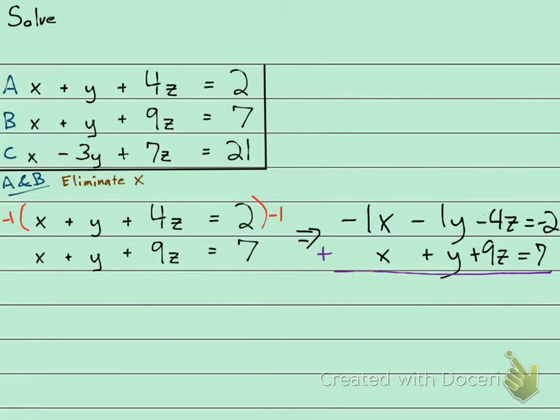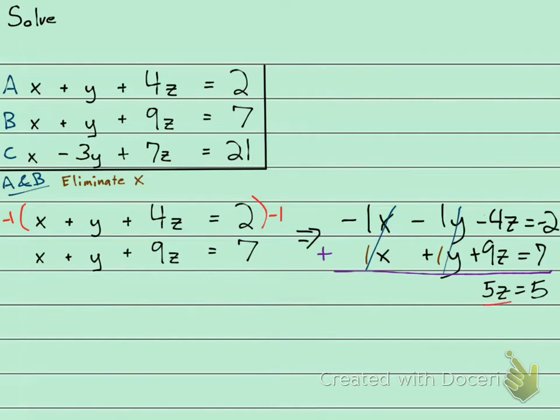So negative 1x plus 1x, those two cancel. Let's add up our y's. Negative 1y plus 1y. Whoa, those two cancel also. Okay, let's see what happens. Minus 4z plus 9z is 5z, and negative 2 plus 7 is 5. I feel pretty good about this.